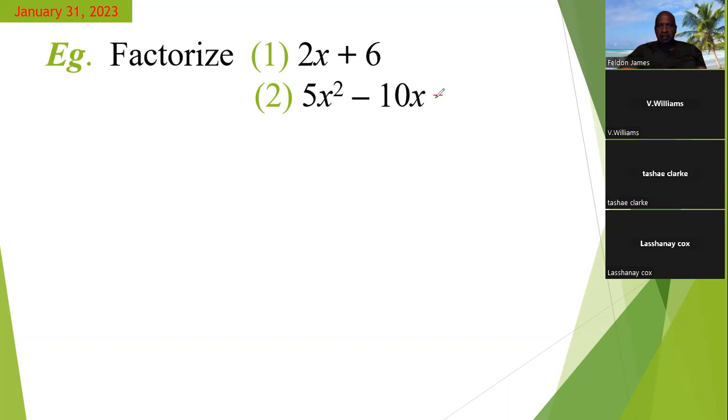Right, so our common factor, or our HCF, highest common factor, would be 5, because remember, 1 can also divide 5 and 1 can also divide 10. So the highest one is 5. So we position our highest common factor, open our brackets, divide each term by the HCF.